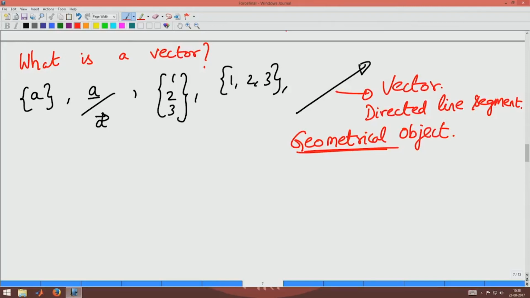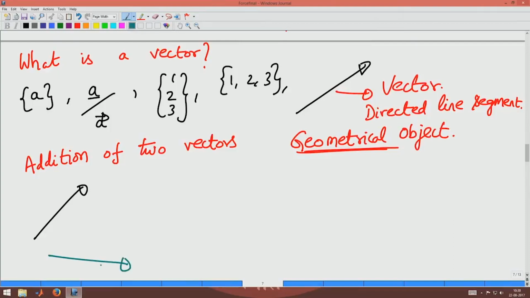Now let us understand what we mean by addition of 2 vectors. Say I add a dotted line segment like this and another dotted line segment like that, and I say I am going to add these 2.